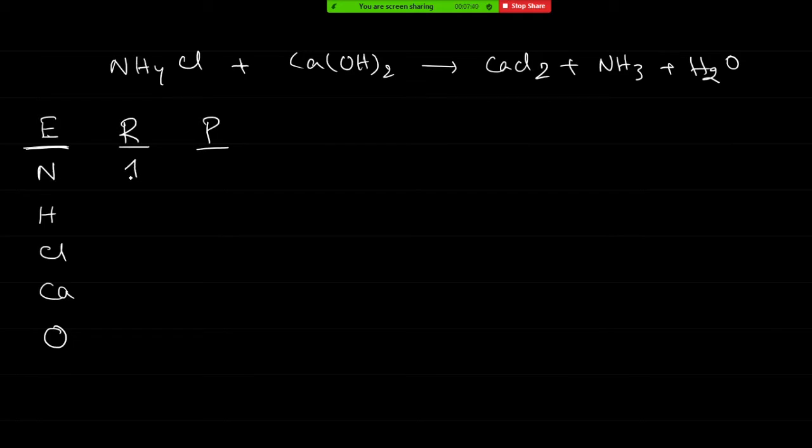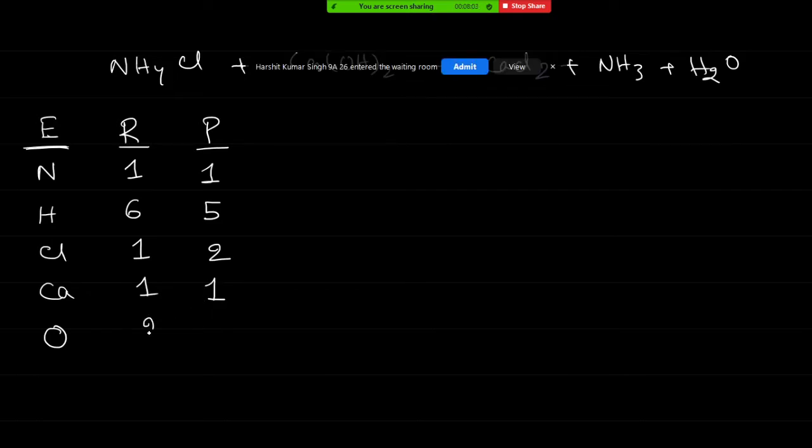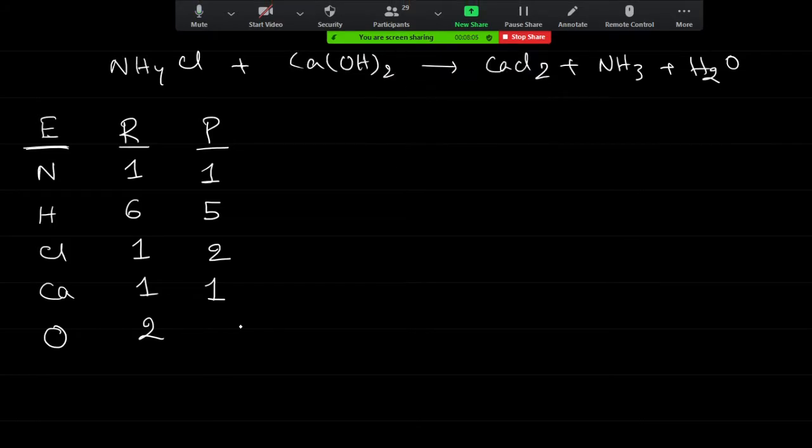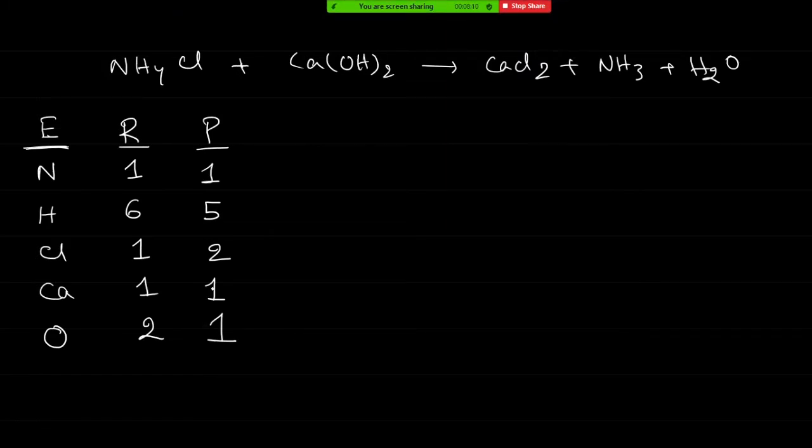Here is 1, here also 1, hydrogen 4 plus 2 is 6, and here 3 plus 2 is 5, chlorine 1, chlorine 2, calcium 1, 1, oxygen 2, and here it is 1. Is it correct? Write it yourself.